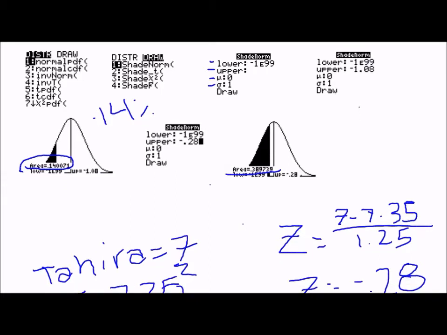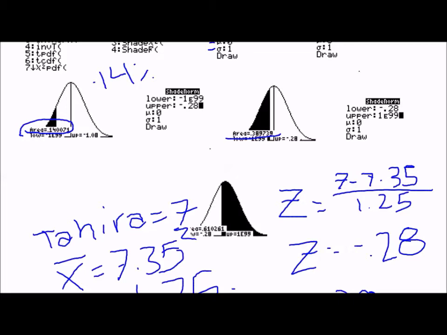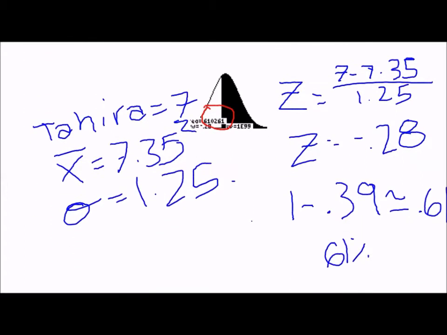We enter 1E99 as infinity, because the calculator doesn't have an infinity key. Now we should get a graph looking like this, and it says that the area is 0.61, and that's what we got. It's 61%. So you can do it both ways.